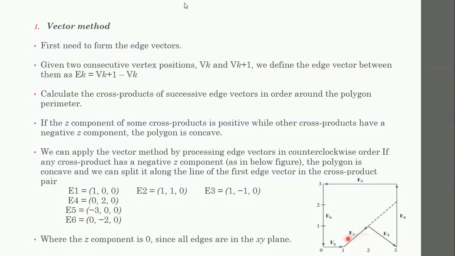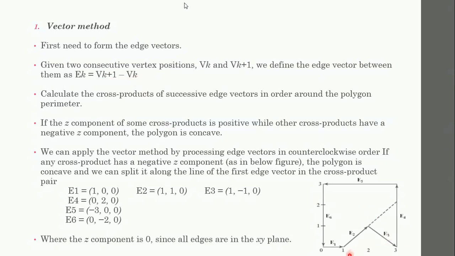So what you have to do is consider the polygon and represent its edges in vector form. Given two consecutive vertex positions vk and vk plus 1, we identify the edge vector between them as ek is equal to vk plus 1 minus vk.